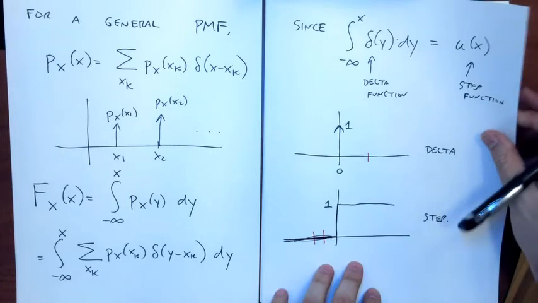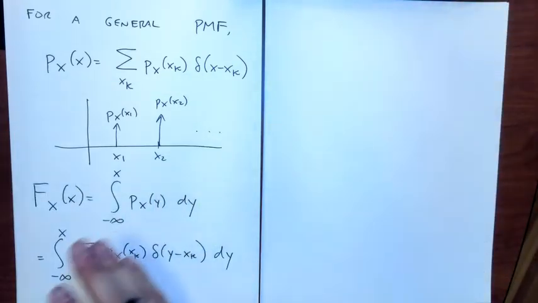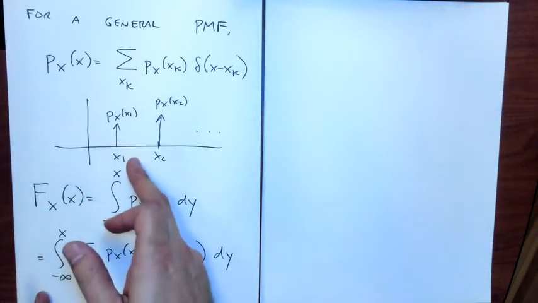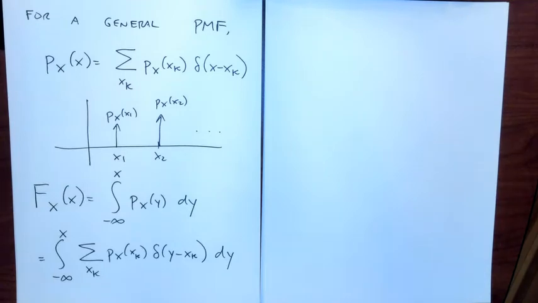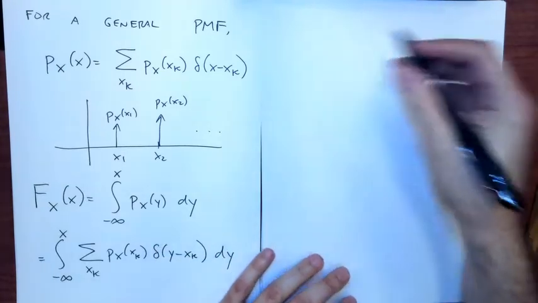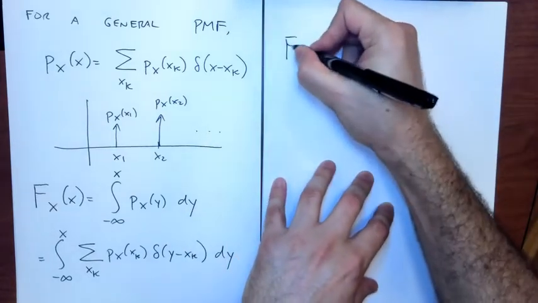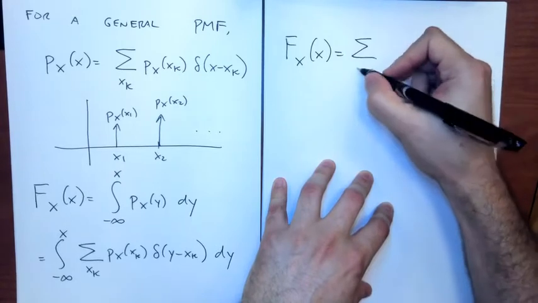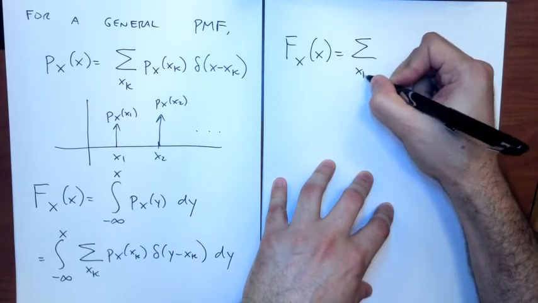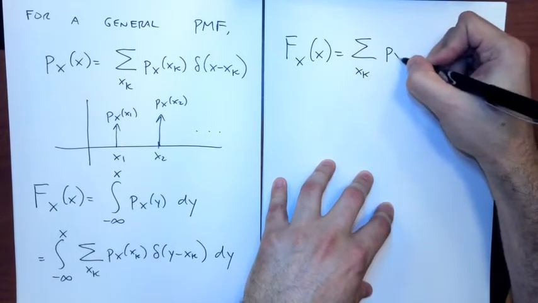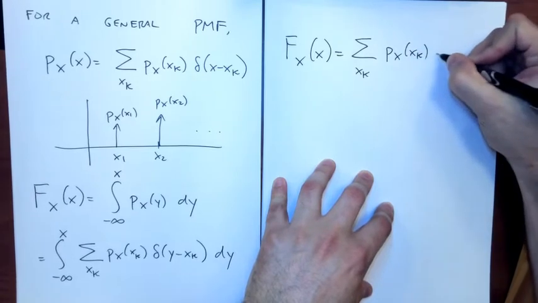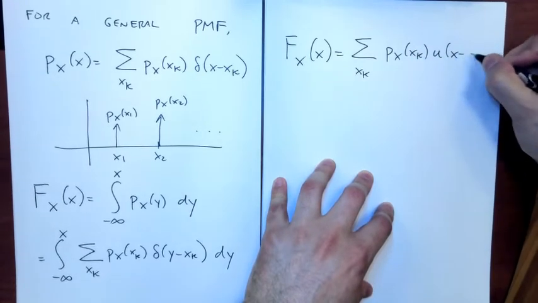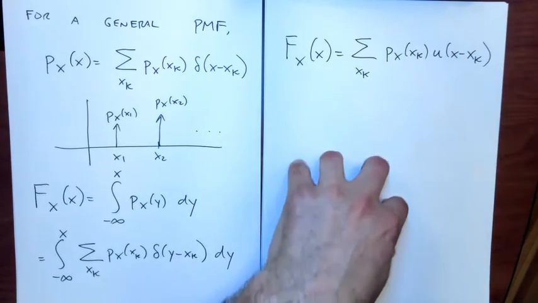Every time I bounce over one of these delta functions, I add up that amount of probability, just like we did in the binomial example. So the corresponding CDF is just going to be the sum of a bunch of delta functions that are getting added up and turning on at the various possible outcomes.